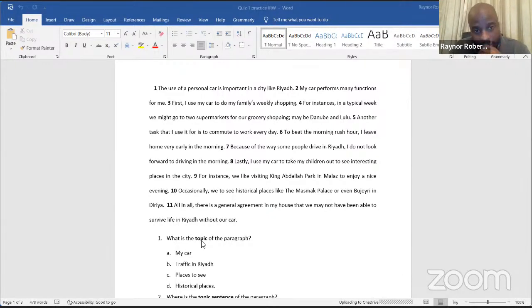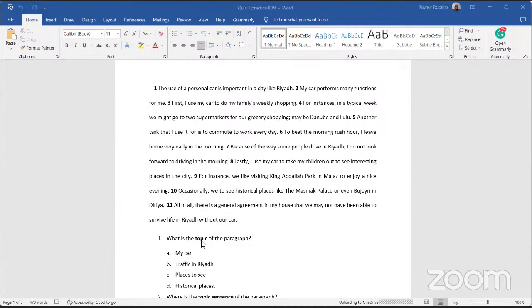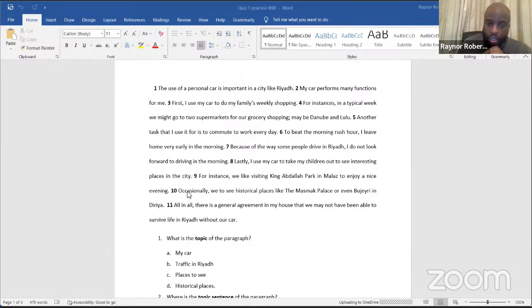Car. No, not car. Remember, we talked about this in subject-verb agreement. Remove the prepositional phrase. What is? The use. Thank you. The use. All right.